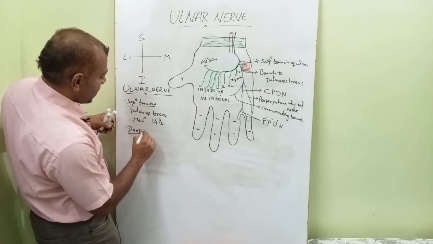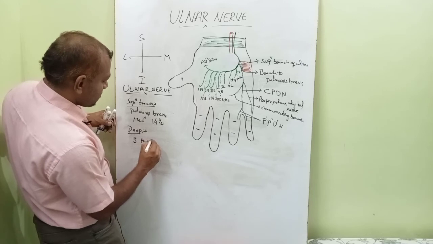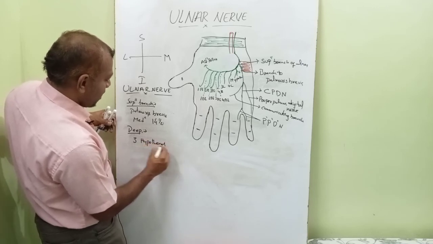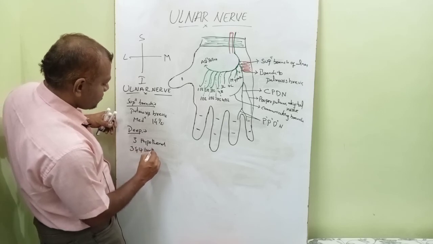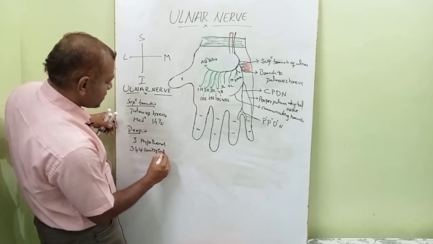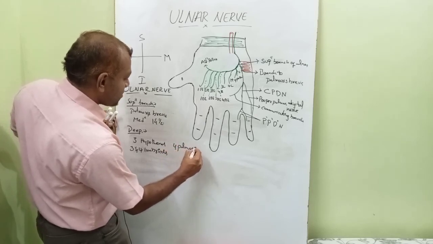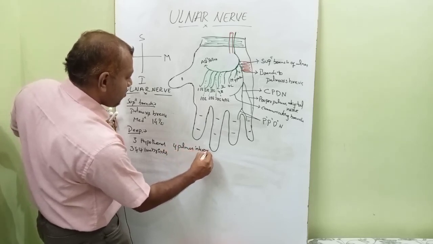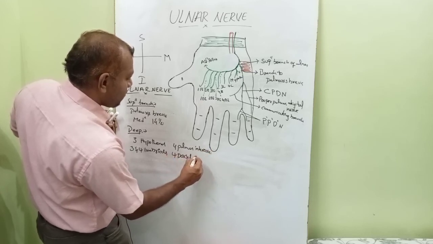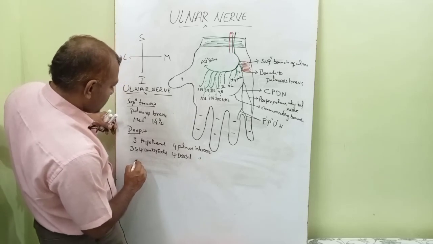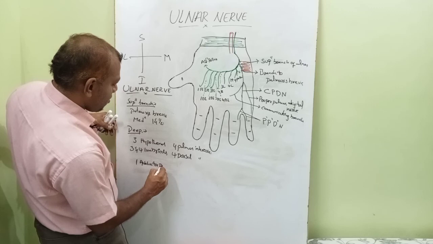The deep branch supplies first the three hypothenar muscles, the third and fourth lumbricals, then the four palmar interossei, the four dorsal interossei, and one adductor pollicis.